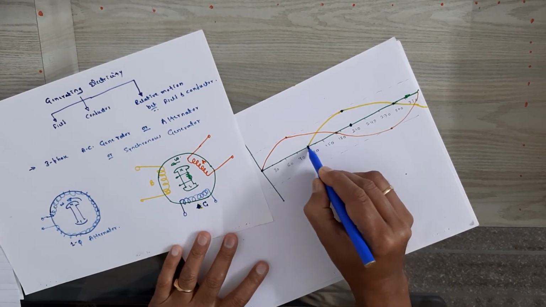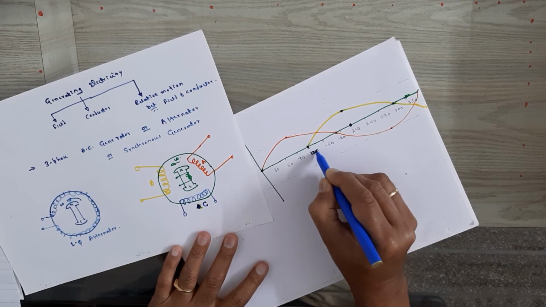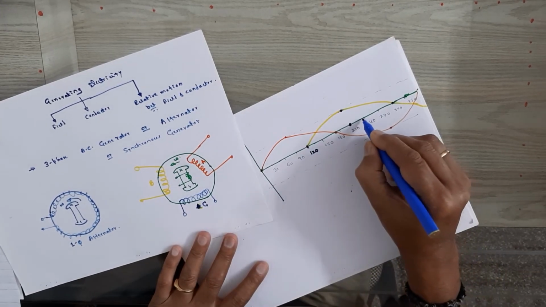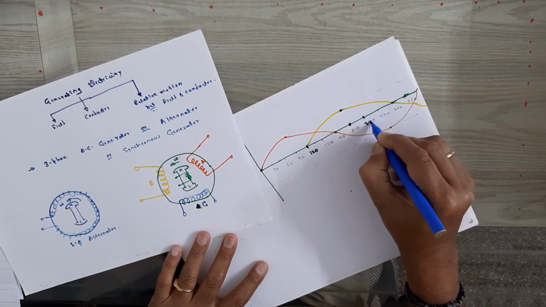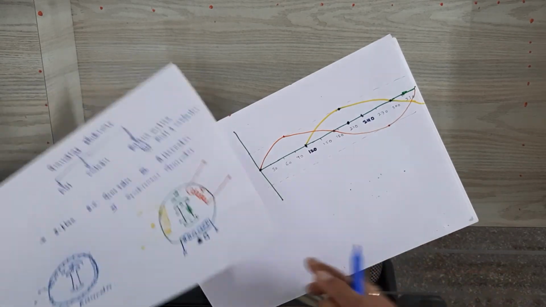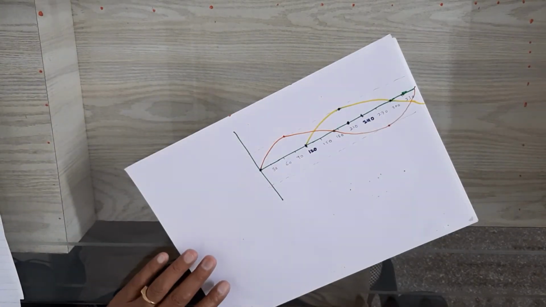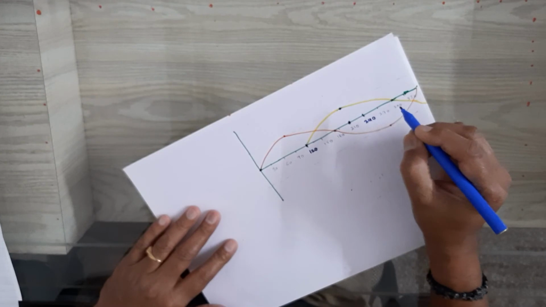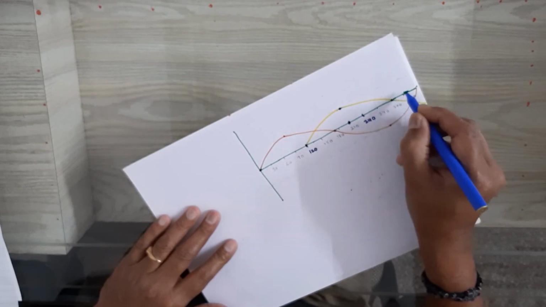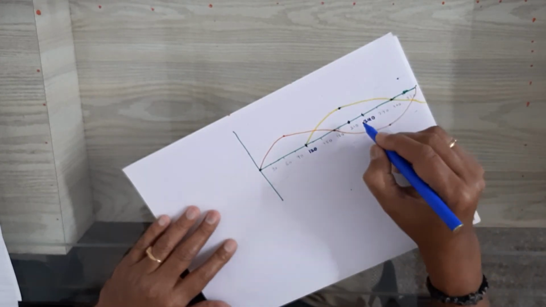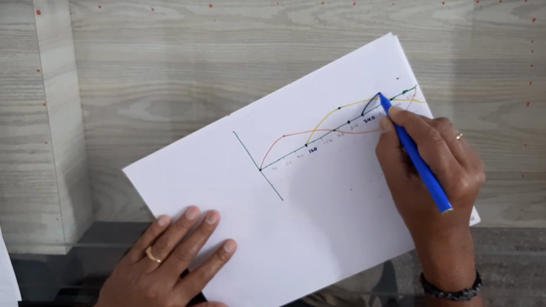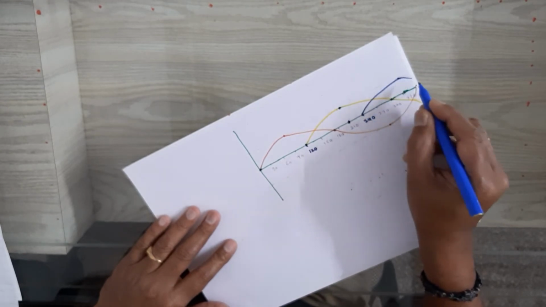Here it is 120, then here it is 240. It will start at zero value from 240. Therefore, 30, 60, 90, it has its maximum value here. Therefore, it goes like this.